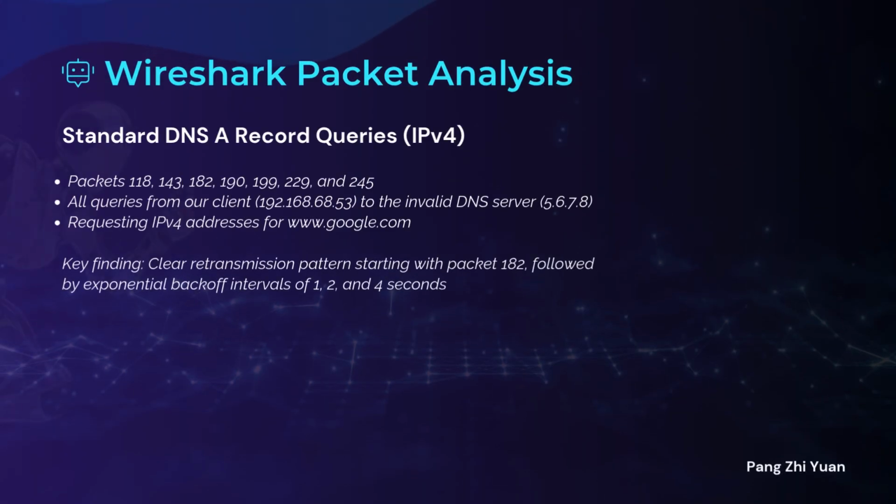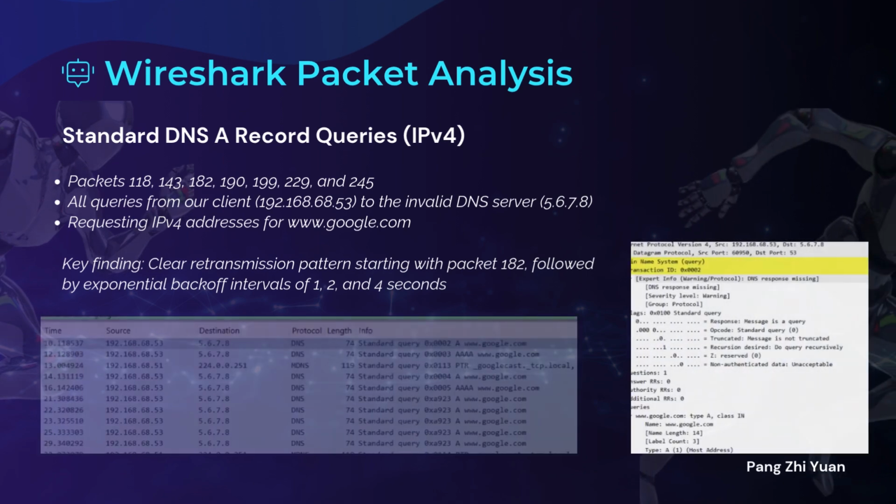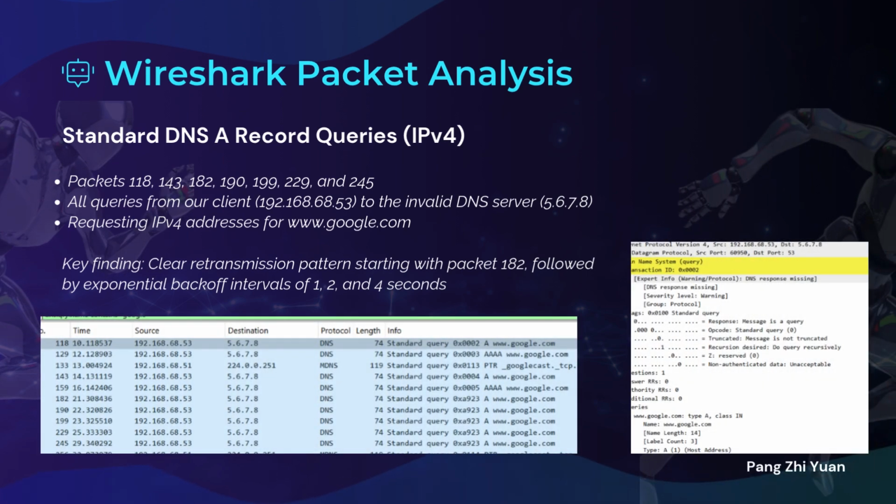Moving on to Wireshark packet analysis, we first used Wireshark to filter out the necessary packets we captured for analyzing the network traffic, reviewing three important categories of DNS-related packets. The first category is standard DNS A record queries, which are also known as IPv4.